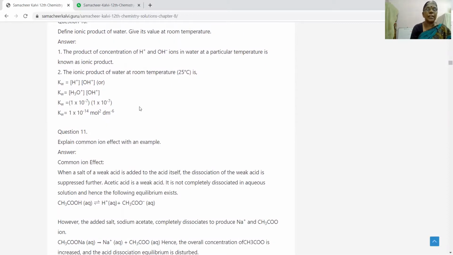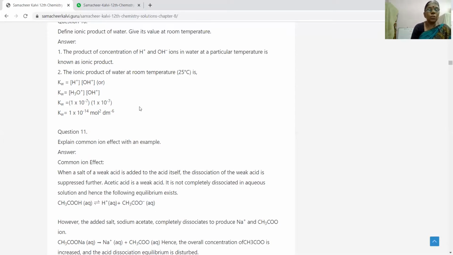The square bracket denotes concentration. Kw is equal to hydronium ion concentration into OH minus concentration. Hydronium concentration is 1 into 10 power minus 7, and the OH minus concentration is also the same, 1 into 10 power minus 7. If you multiply both, you will get 1 into 10 power minus 14 mole squared dm power minus 6.